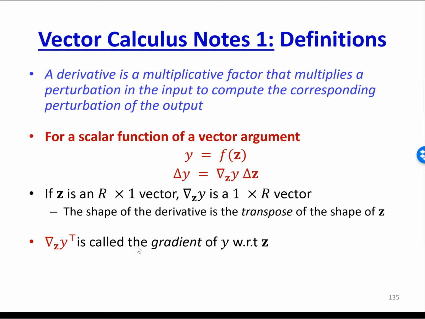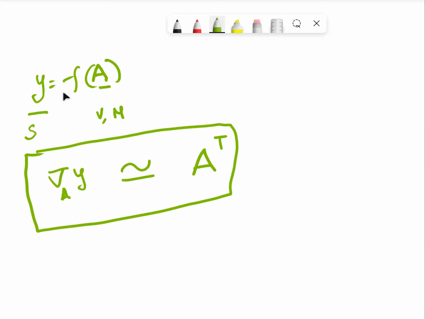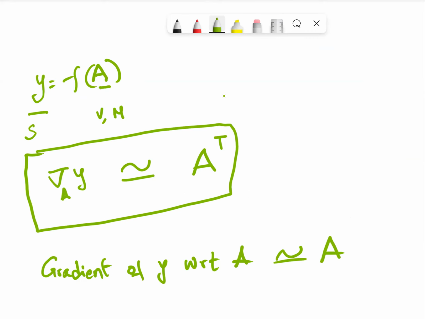Now, we have seen this magical term called the gradient. When I have a function of this kind, then the gradient of y with respect to a will be the same shape as a.